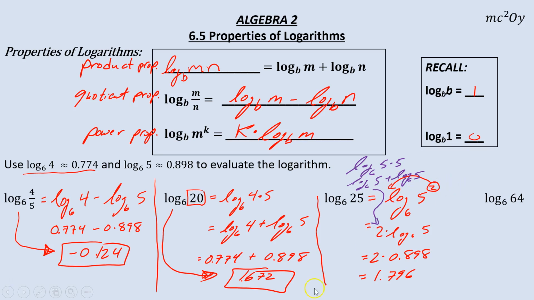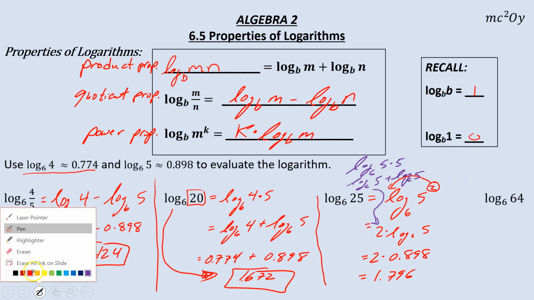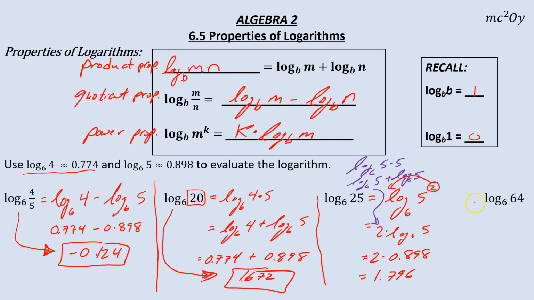All right. Last one here. Notice 64. To write it using 4 or 5, we have to think to ourselves, well, 4 goes into that 16 times, so 16 times 4. Or you could think of 64 as 4 to the third power.